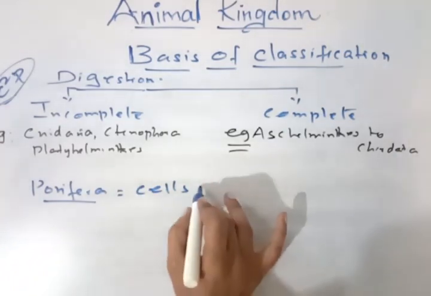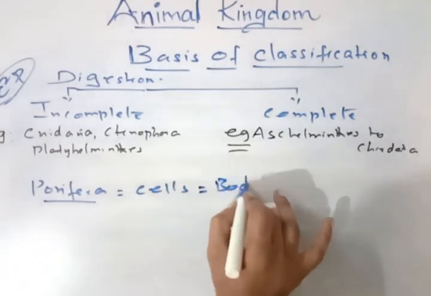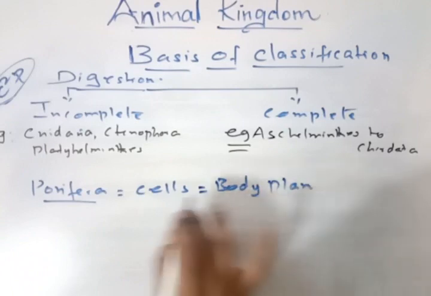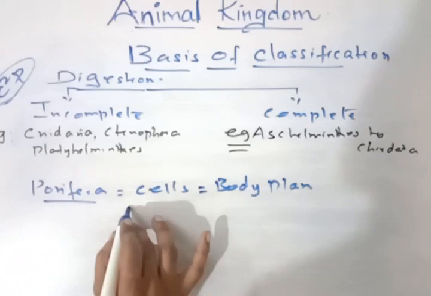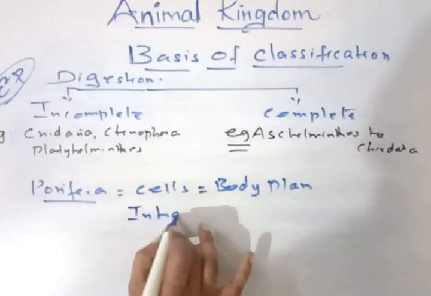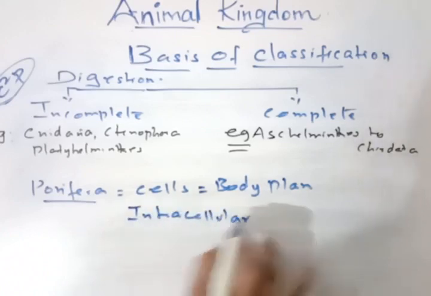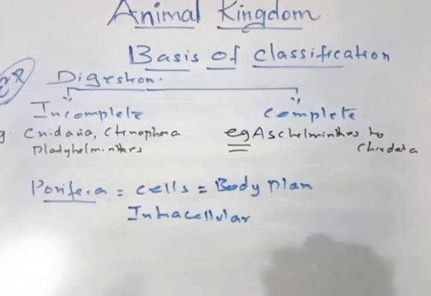So the body plan is only cells. That means the digestion taking place is intracellular digestion. Digestion takes place inside the cell itself. If one particular cell is performing digestion, inside the cell itself digestion will take place.